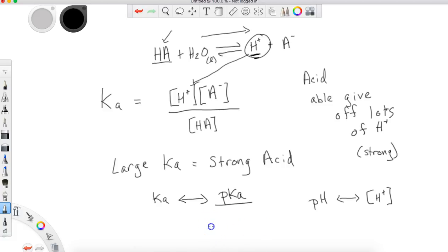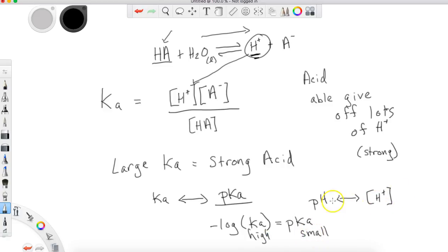The way that we do this is you do a negative logarithmic transformation of Ka, and that will give you your pKa. Because this is a negative logarithmic transformation, these values become smaller the higher Ka is. So a high Ka will give a small pKa.